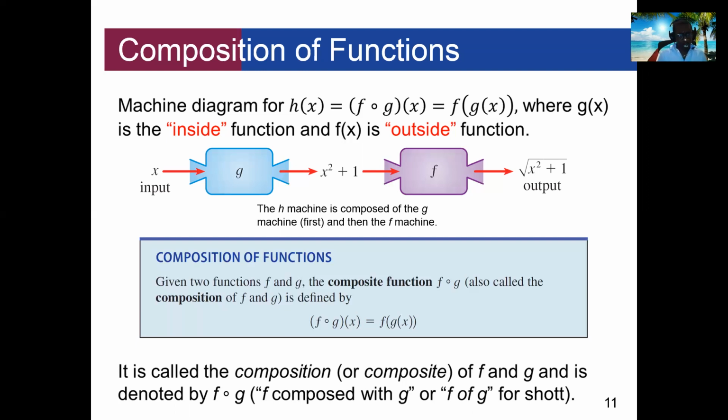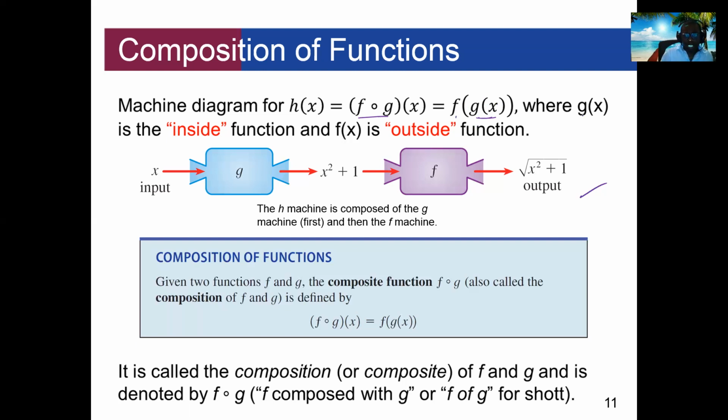So in this case, we want to define this machine diagram, where your h of x is the combination we call f of g. This means we use the g first, and then its output becomes the input for the f.